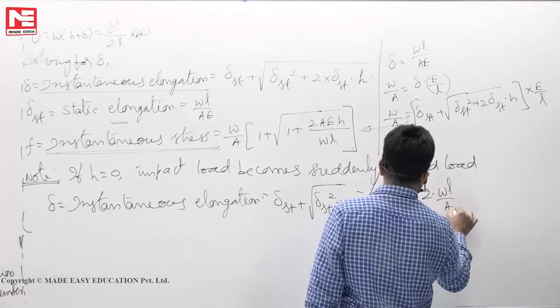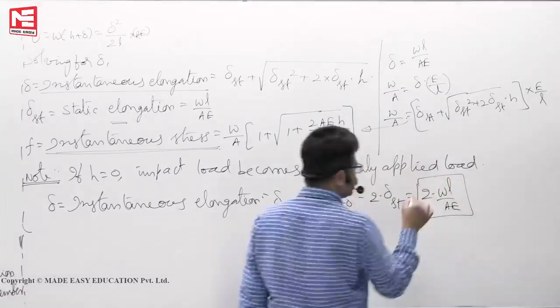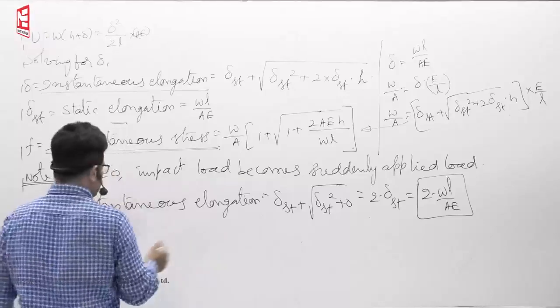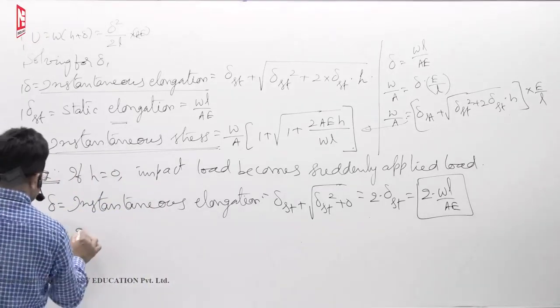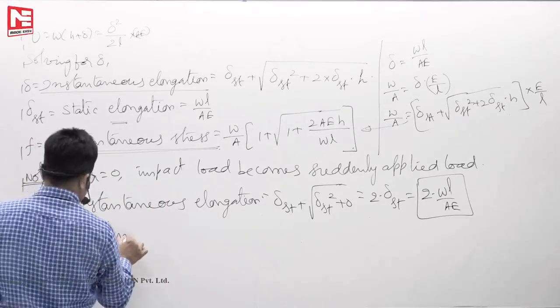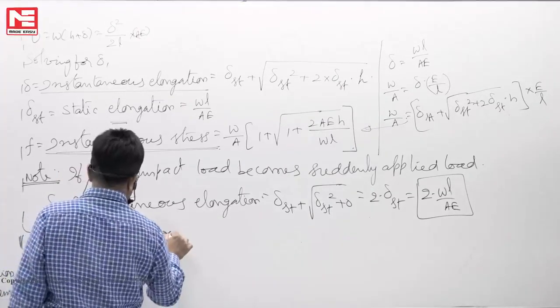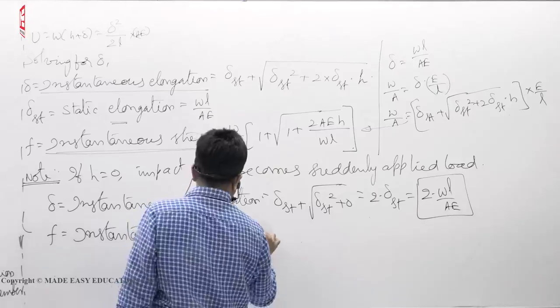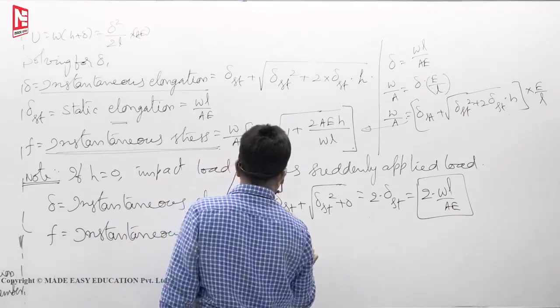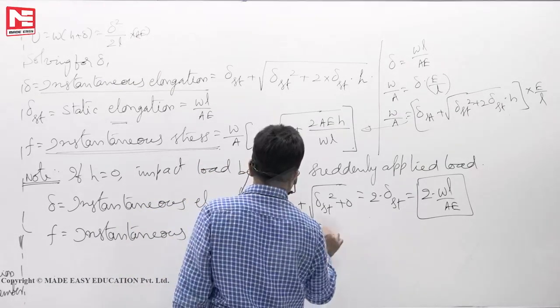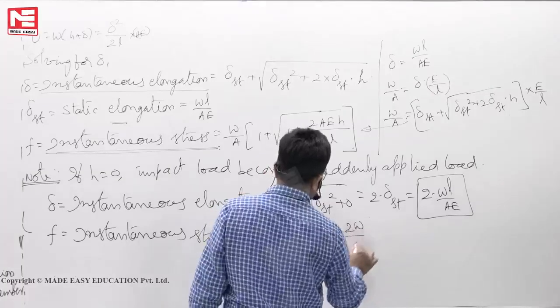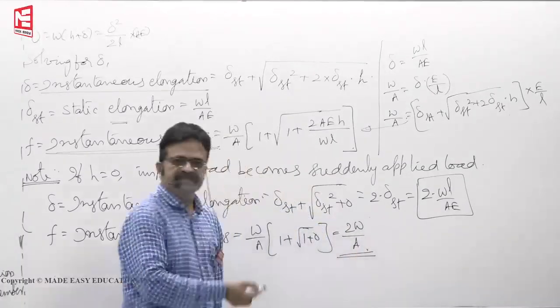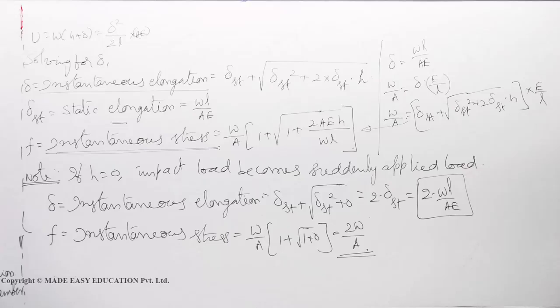Static elongation means as if the load is applied statically, that is, gradually. Then the instantaneous stress will be W by A into 1 plus square root of 1 plus 0. So you will get 2W by A, same as what you have studied in the earlier concept.